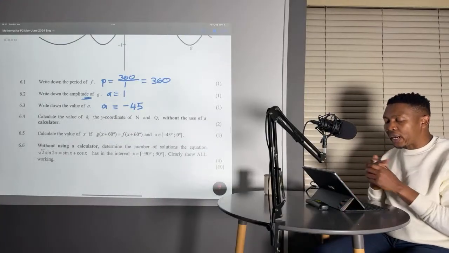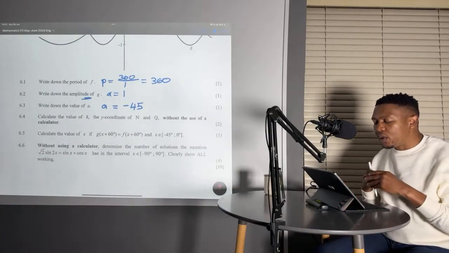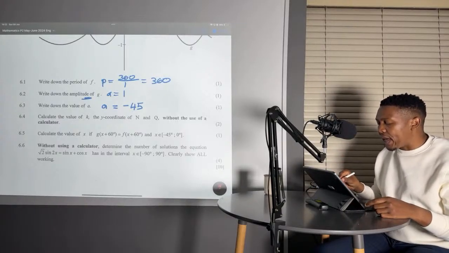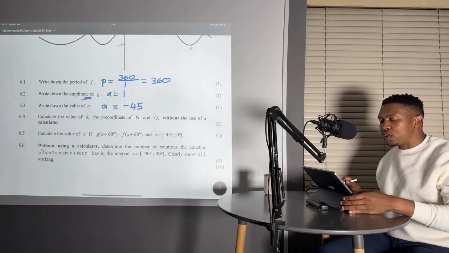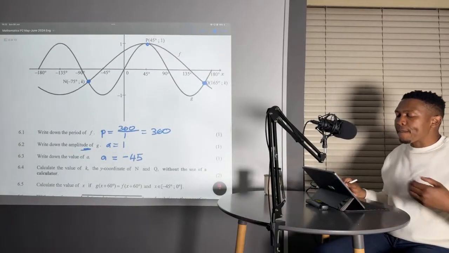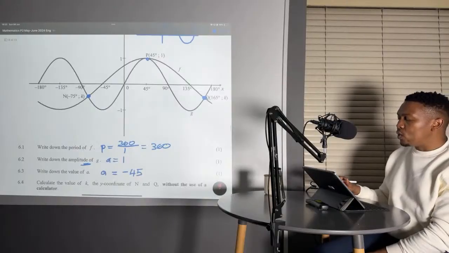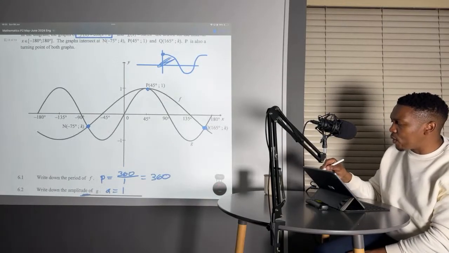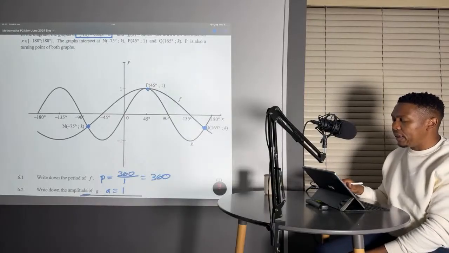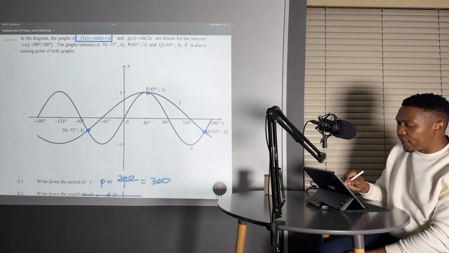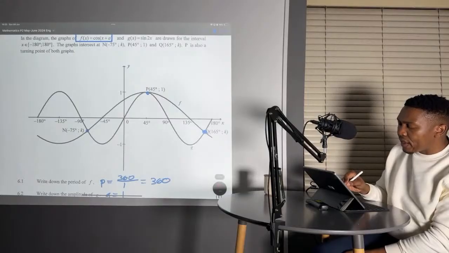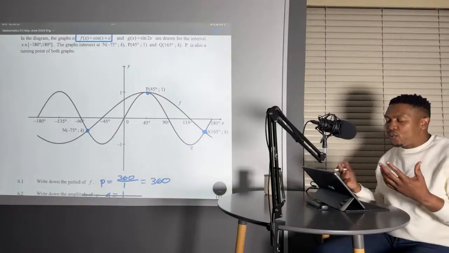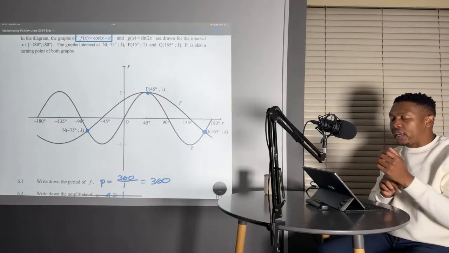All right, quickly we run, guys. Now they say to us, calculate the values of K, the coordinates of N and Q, without the use of a calculator. So they want us to determine the value of K in this case. Now, there are different ways in which we can work that out.